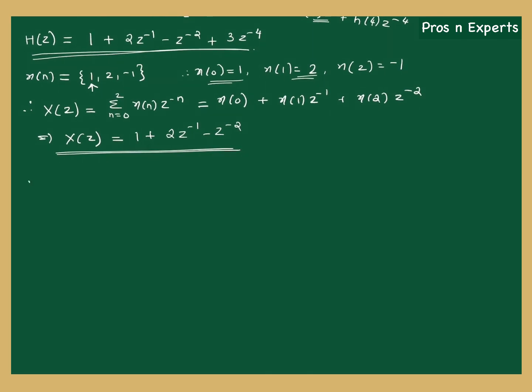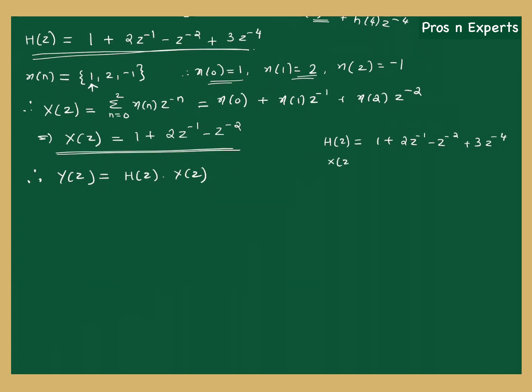From the z transform of the convolution property, Y(z) is equal to H(z) into X(z). H(z) is given as, we can write once more, 1 plus 2z inverse minus z inverse 2 plus 3z inverse 4.